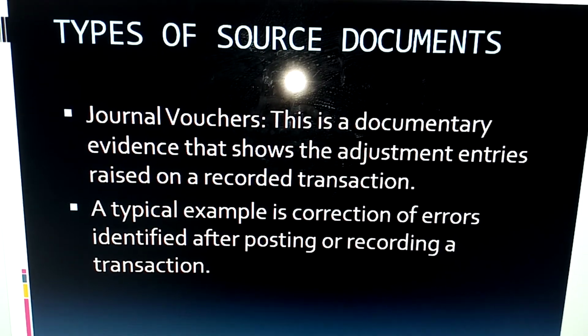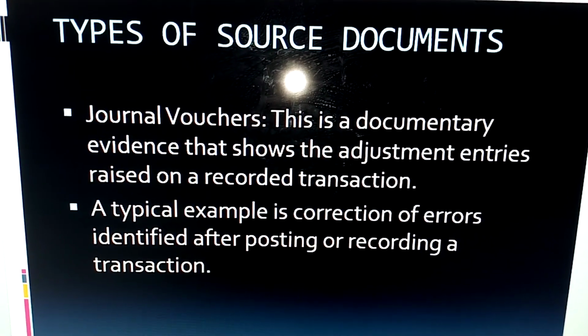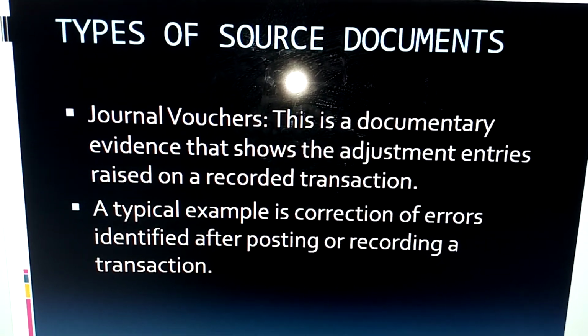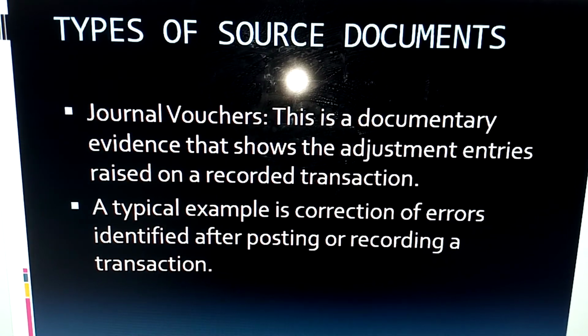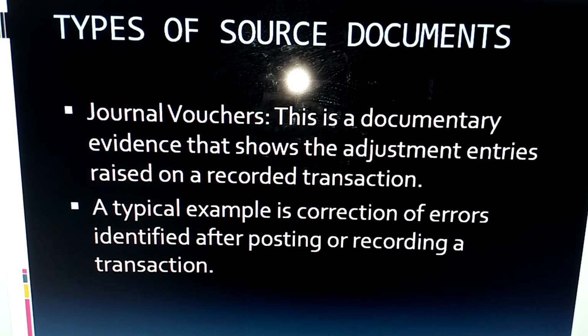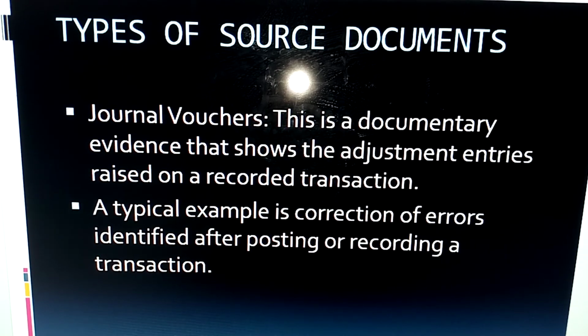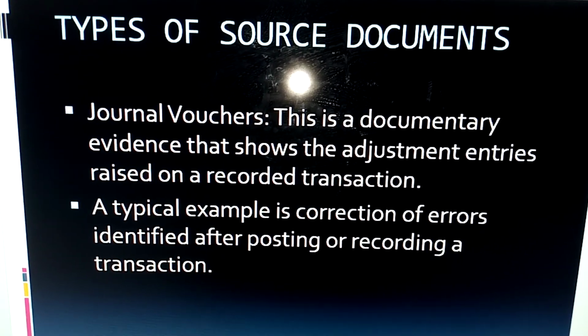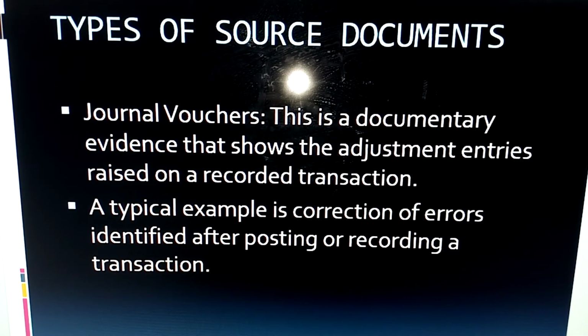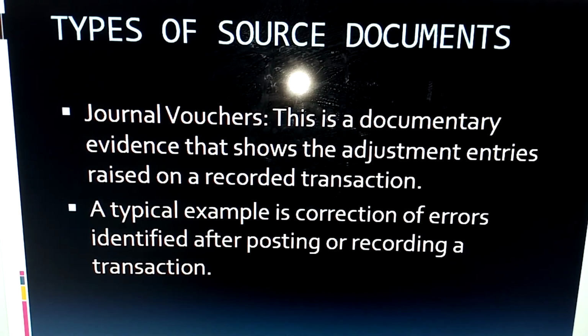The idea is that you have already recorded a transaction, but for some reason you identify that certain aspects of the record were not the way you wanted it to be. So you need to make an adjustment of entries. For you to make that adjustment, you raise journal entries.